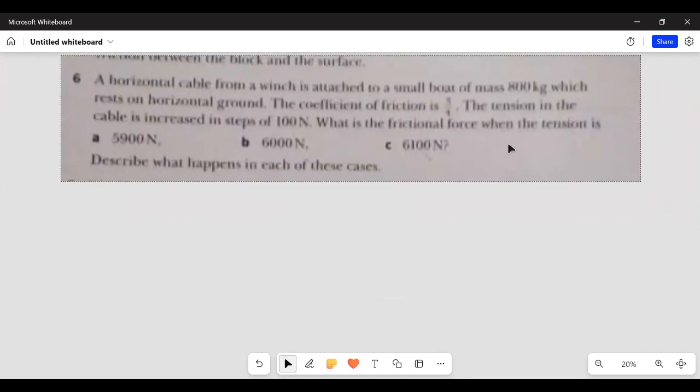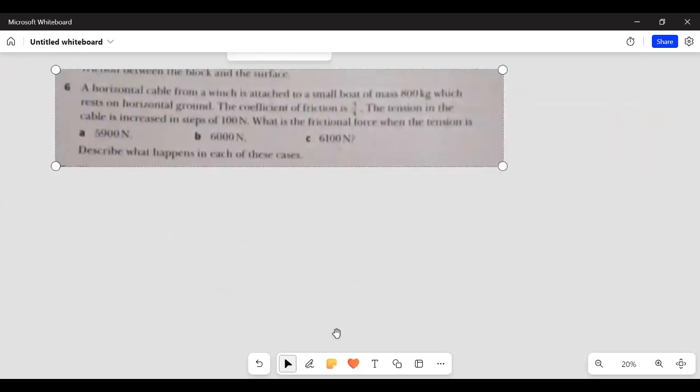Here's the question. A horizontal cable from a winch is attached to a small boat of mass 800 kg.